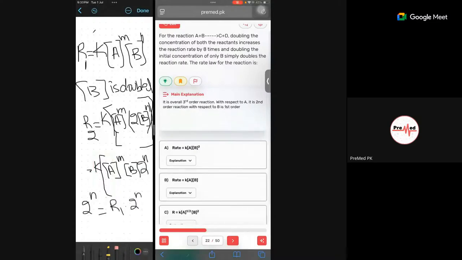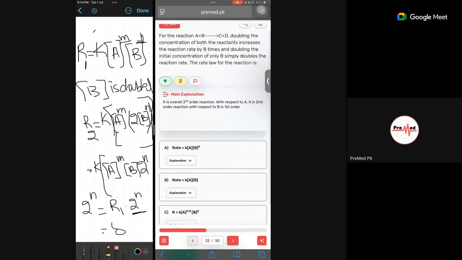Because we have both over here, and the concentrations are only 1, 1. Initial concentration is 1, 1. So if we just multiply them, like 2 to the power N was actually double at that particular point, and then we have it over 1. So we have the overall reaction as 8.